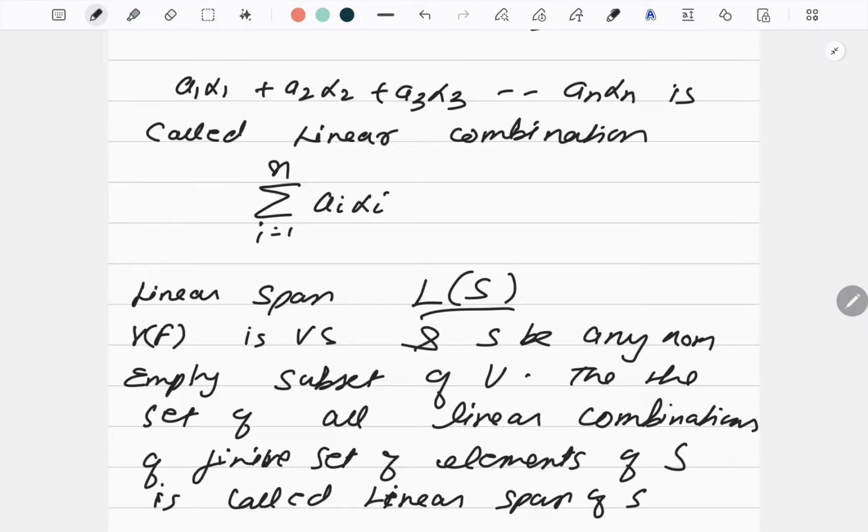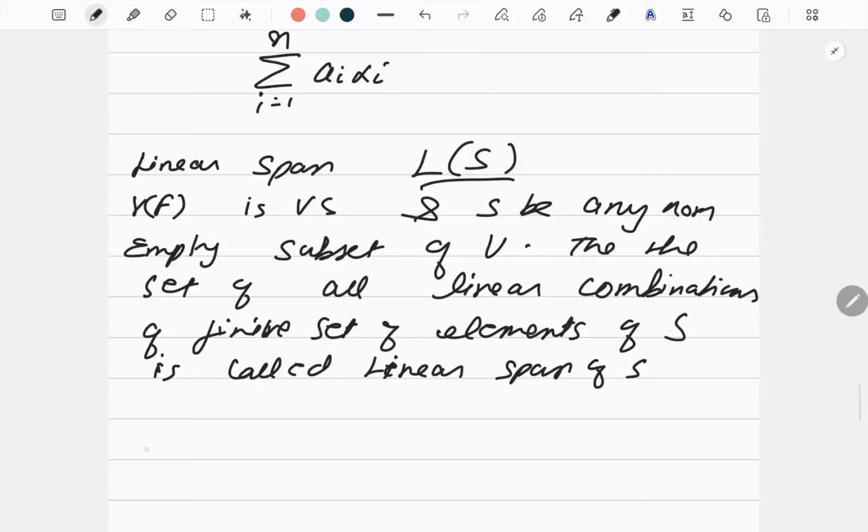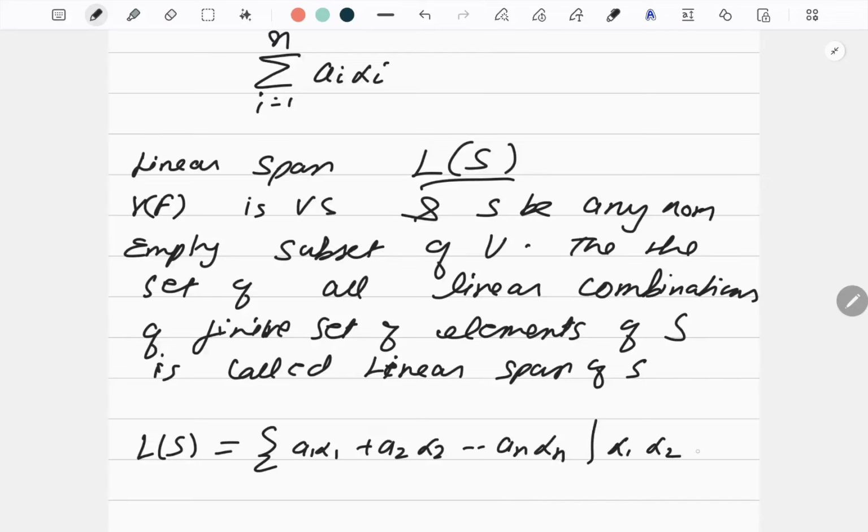So basically V(F) is a vector space and S is any non-empty subset of V. I am writing down the linear combination of elements of S. So the set, or the collection, of all the linear combinations is known as L(S). Mathematically, I can write L(S) equal to a1 alpha 1 plus a2 alpha 2 plus ... plus an alpha n, such that alpha 1, alpha 2, ... all belong to S. Remember this thing.